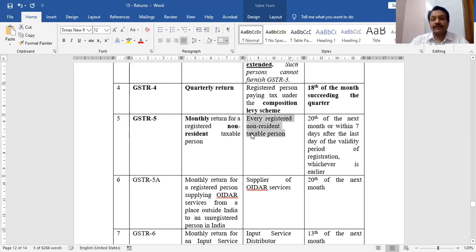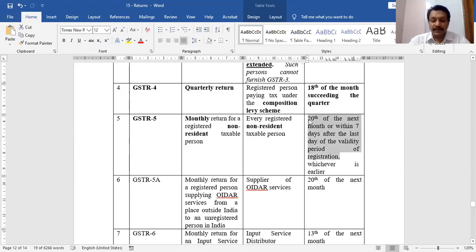Every non-resident taxable person has to furnish GSTR 5 rather than GSTR 3B, and the due date is the 20th of the next month or within 7 days after the last day of the validity of the registration.